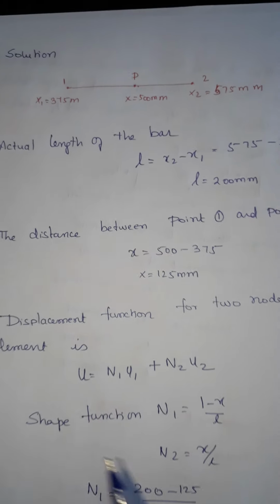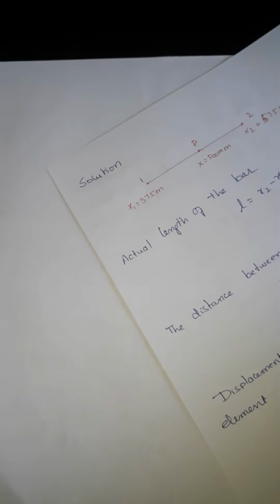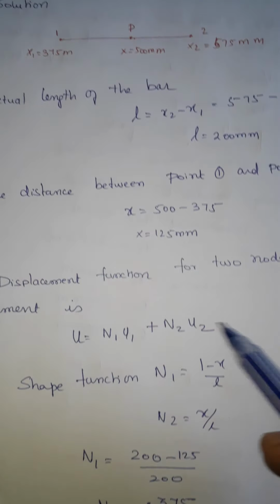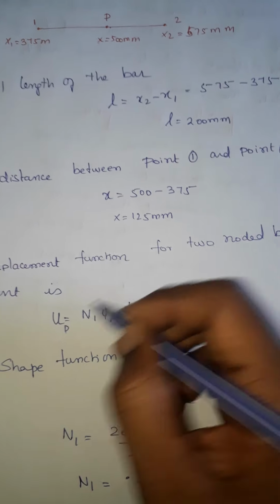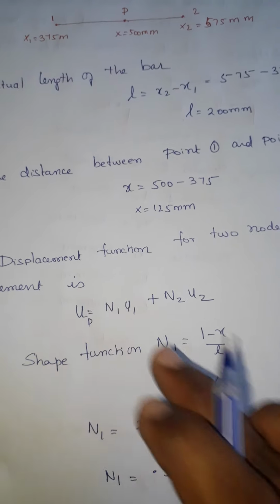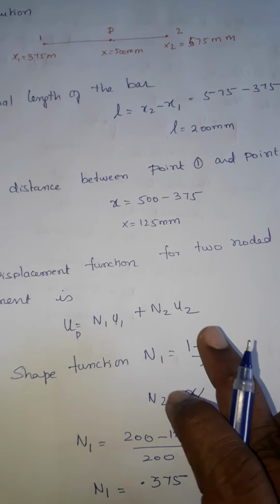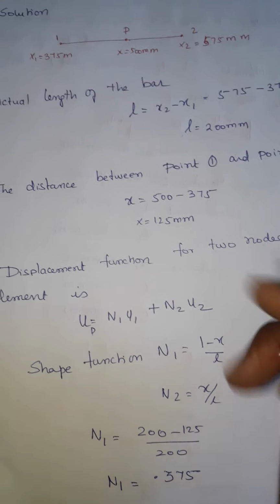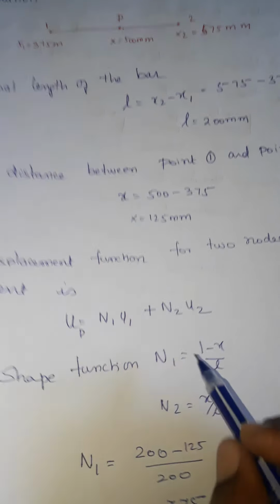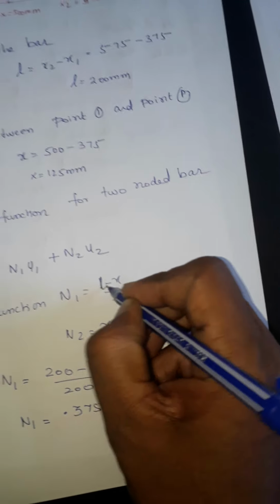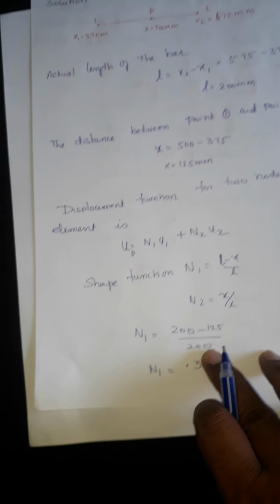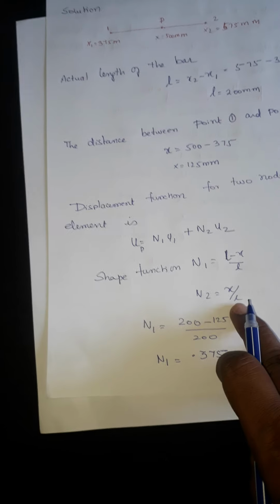Now we will use the displacement function to find the displacement at the point P. Displacement at point P is N1 U1 plus N2 U2. The N1 formula is L minus x, not 1 minus x, divided by L. This x is the distance between 1 and P, that is 125. So that is 200 minus 125 divided by 200, where L is the length of the bar.